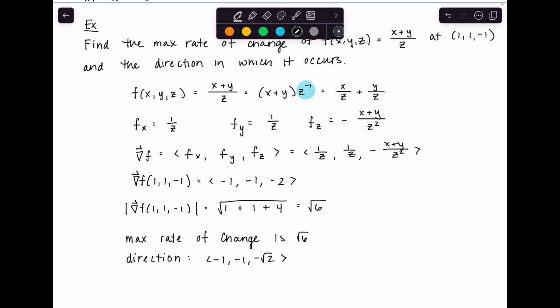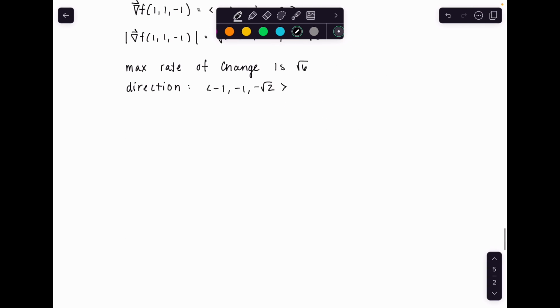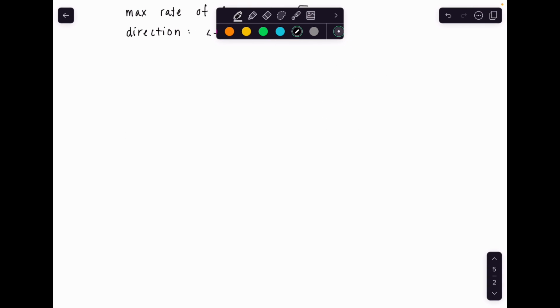It doesn't say it needs to be a unit. So the last thing we're going to do is we're going to see one more application of this gradient vector. And this idea is actually one of the most important things to us. So we're going to see a nice property that happens with this. Okay. So we're going to talk about tangent planes to level surfaces.